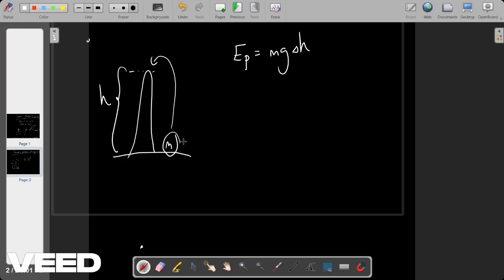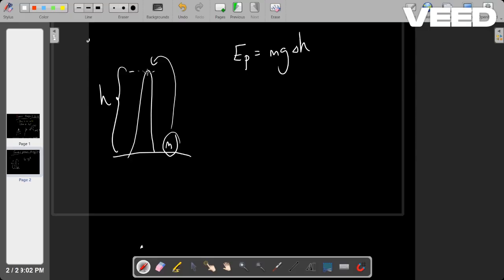So once we go higher, more potential energy is stored. That is why we can only measure the change in potential energy. On the ground itself there was potential energy, and on the hill there's also stored potential energy.